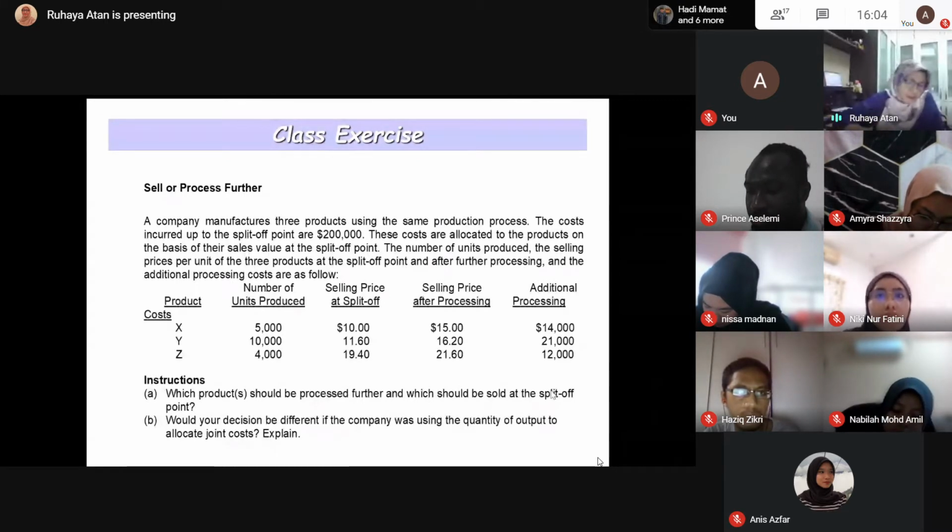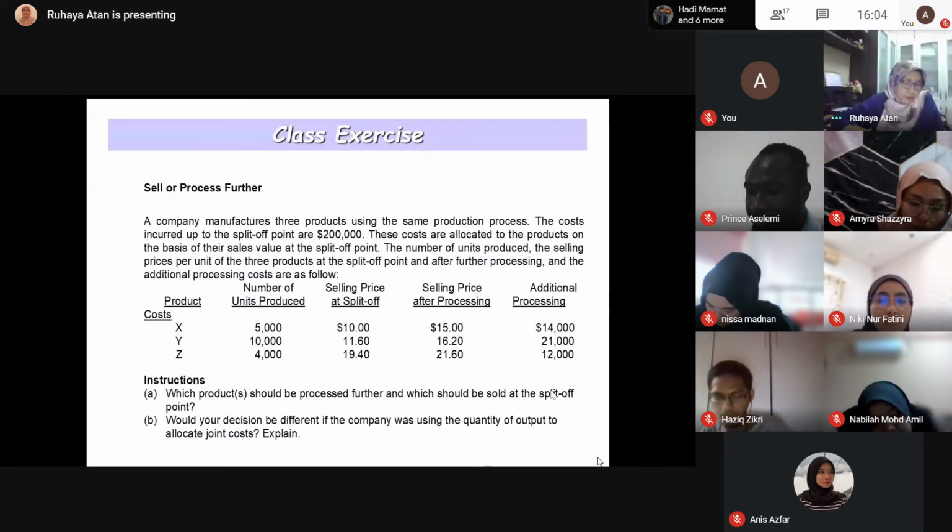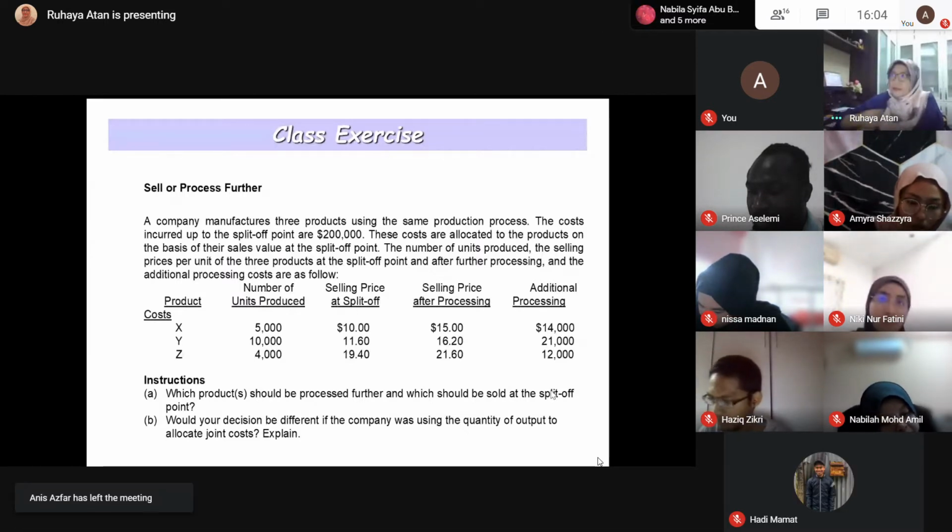What is the incremental increase or decrease for product X? Can somebody answer?